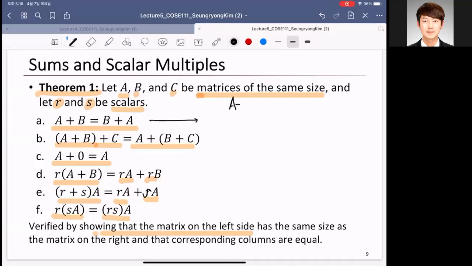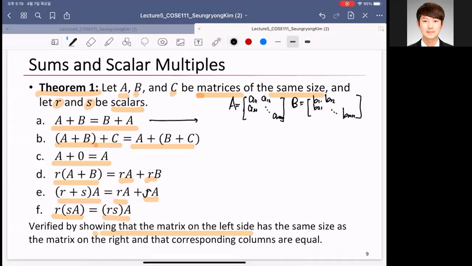Okay, let's suppose our matrix A is A11, A12, A21, up to AMN, and B is B11, B12, B21, up to BMN.